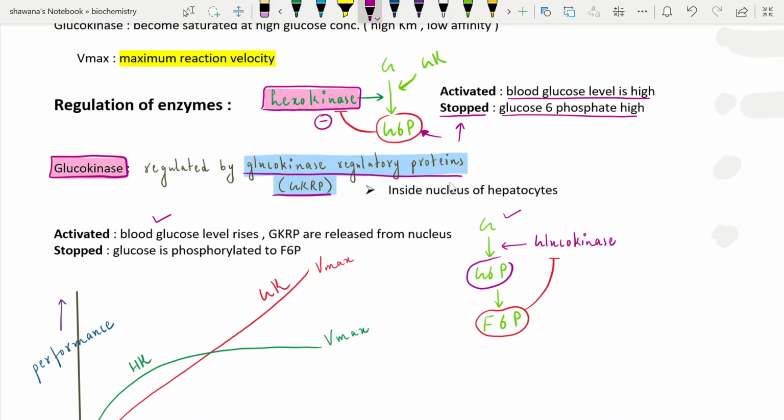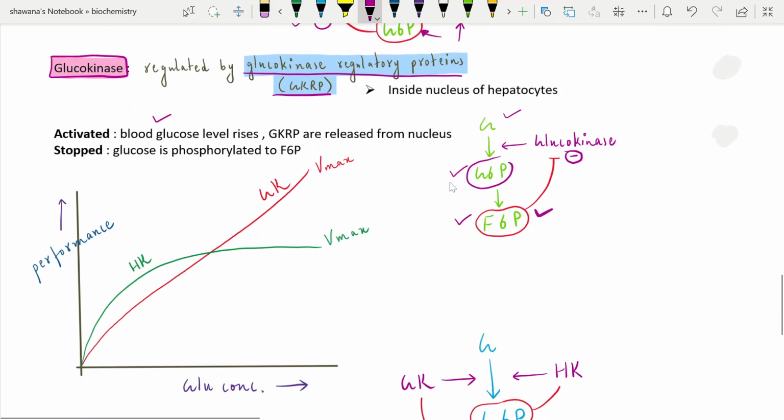Glucose to glucose 6 phosphate, and after that glucose 6 phosphate is converted into fructose 6 phosphate, and this is the regulator which inhibits the glucokinase activity, right? G6P was inhibiting hexokinase while F6P is regulating the glucokinase.